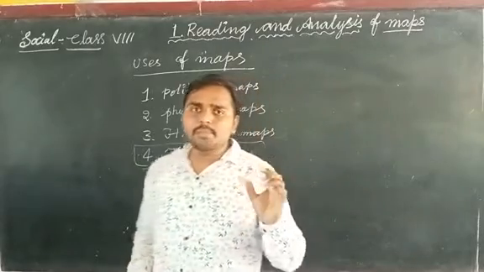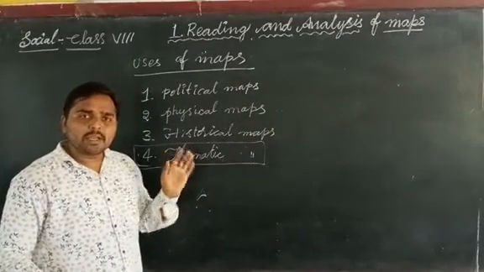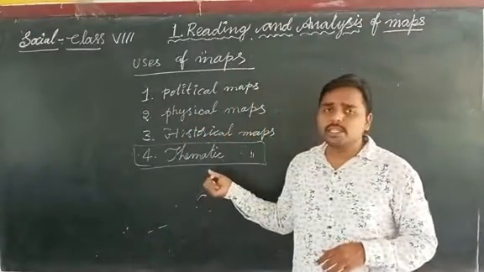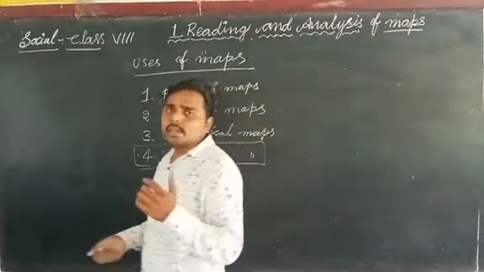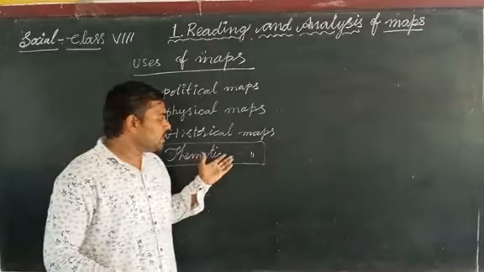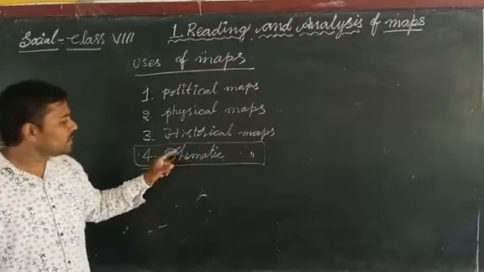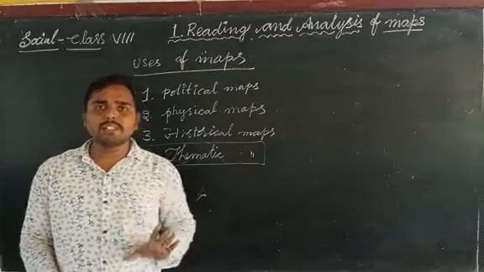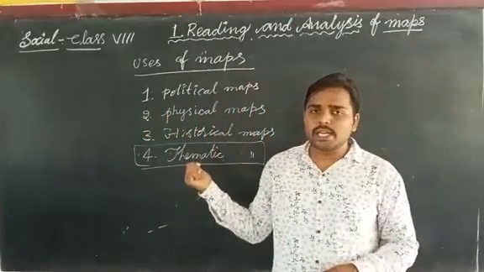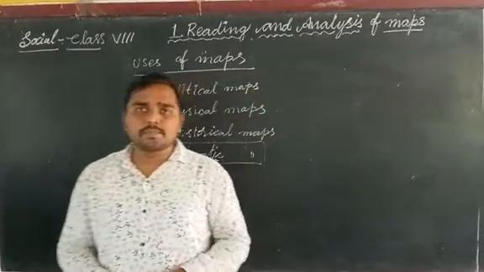By the help of thematic maps, we can show the entire situation or the entire position of different factors like temperature, climate. But with thematic maps, at a time, we can show only one aspect. Among these four types of maps, the thematic maps are very useful for us nowadays.